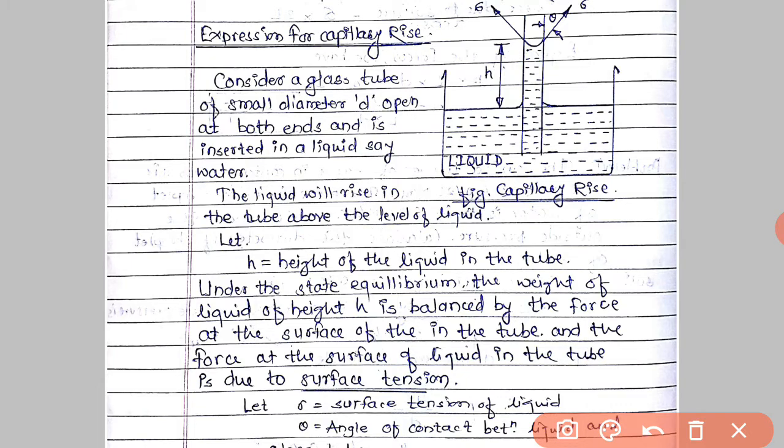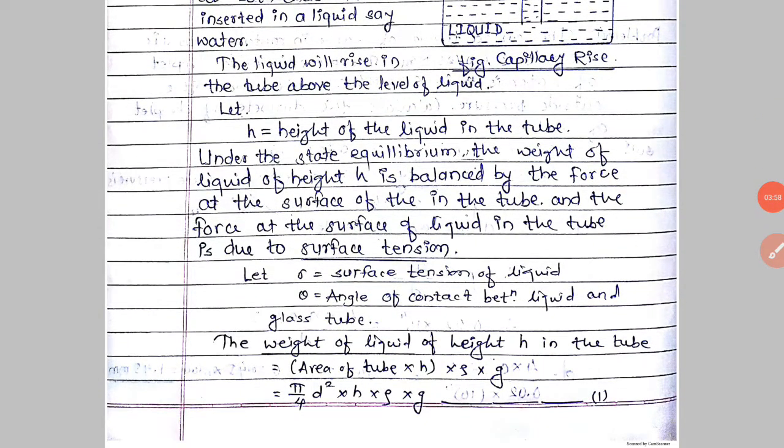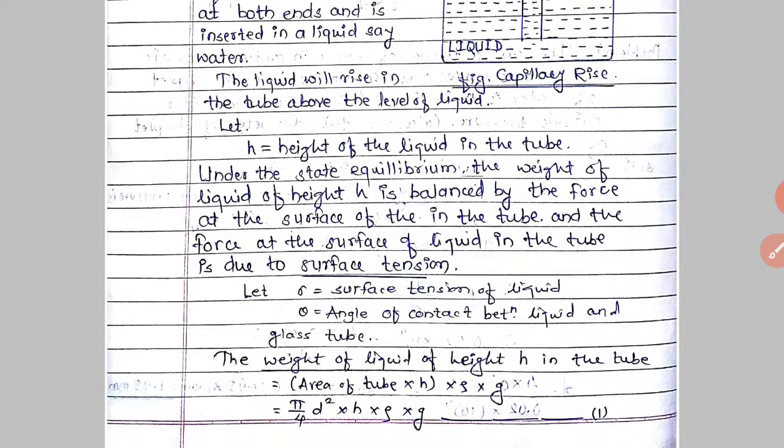So see here, let sigma be the surface tension in the liquid and theta be the angle of contact between the liquid and the glass tube. See here, this will be sigma and this is theta, the angle between the glass tube and liquid surface.